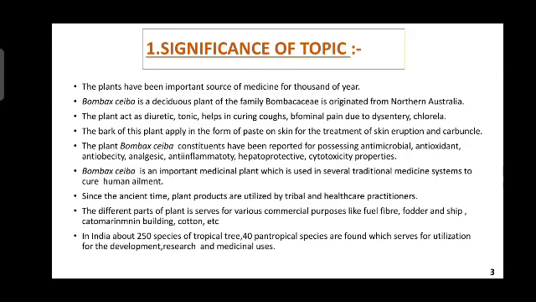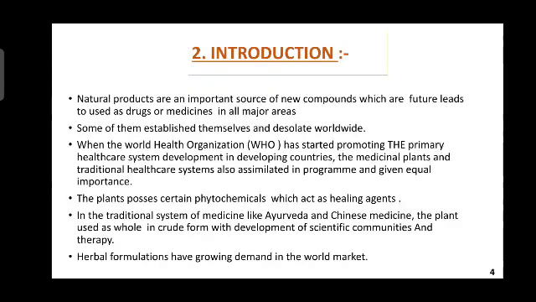Different parts of the plant are used for various commercial purposes like fuel, fiber, fodder, ship and catamaran building, cotton, etc. In India, about 250 species of tropical trees and 40 pantropical species are found, which serve for the development, research, and medicinal use.